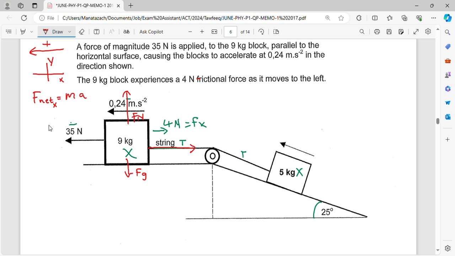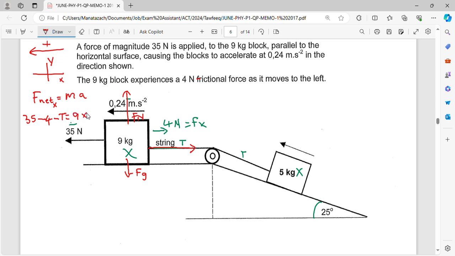So I would say 35 Newton, the applied force to the left, minus 4 Newton, since the frictional force is going to the right, minus T, the tension force in question, is equal to mass times acceleration.